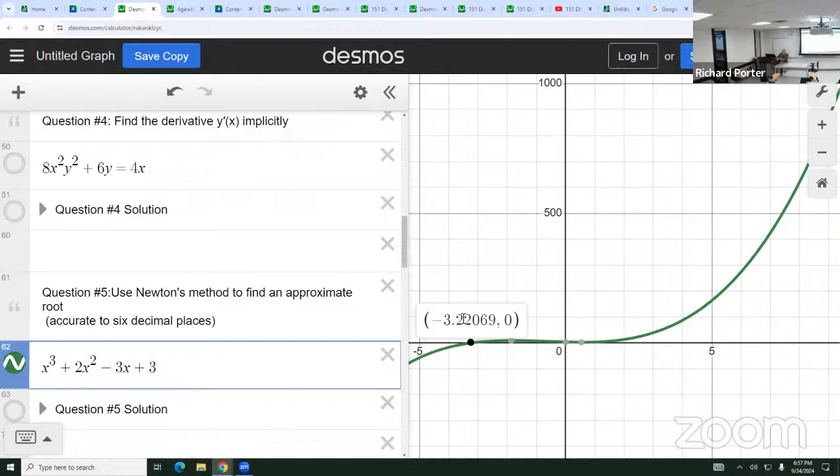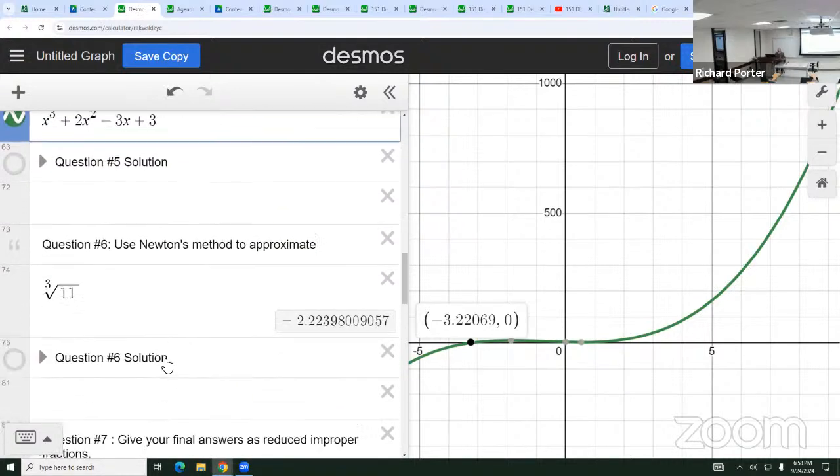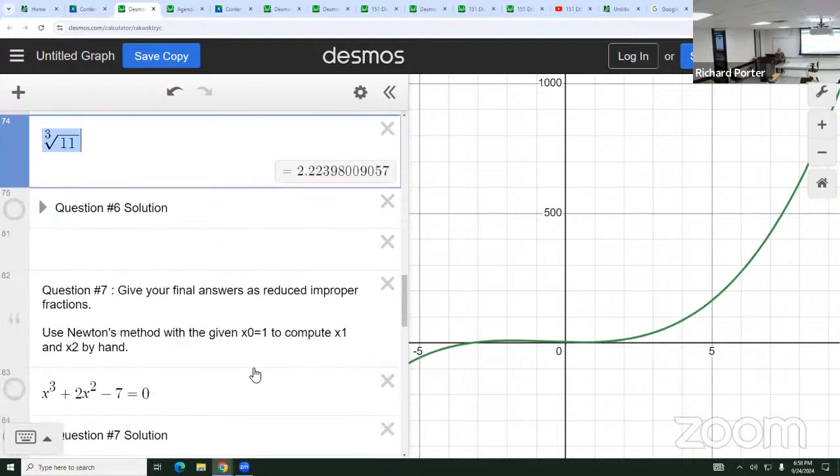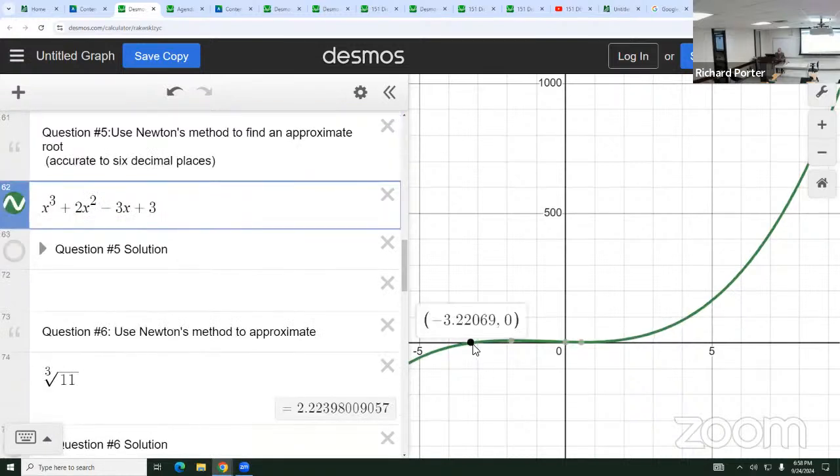Okay, and here's what they do. So like this, of course, if you want the cube root of 11, there it is, how many decimal places you want. But anytime you want to find the zero, this is the process that's going on here.